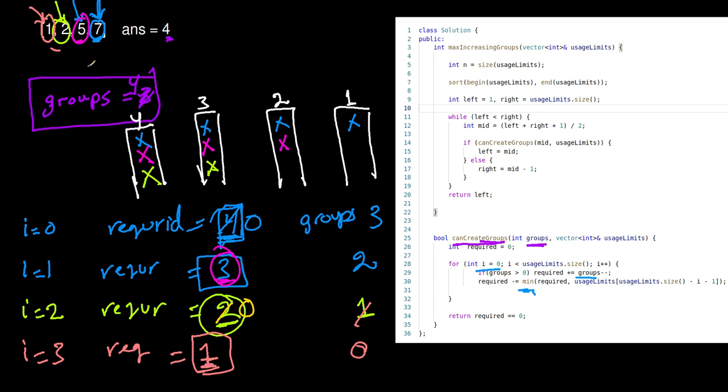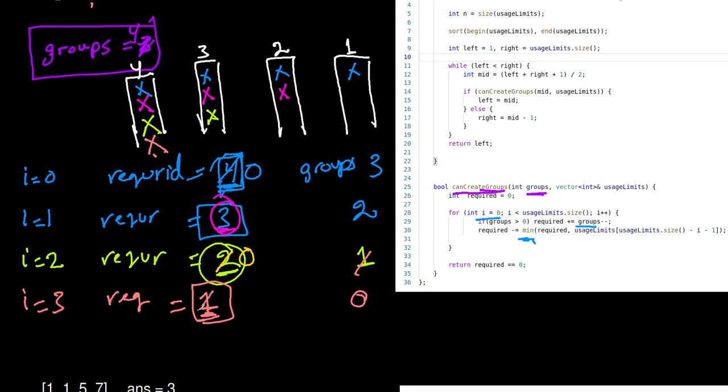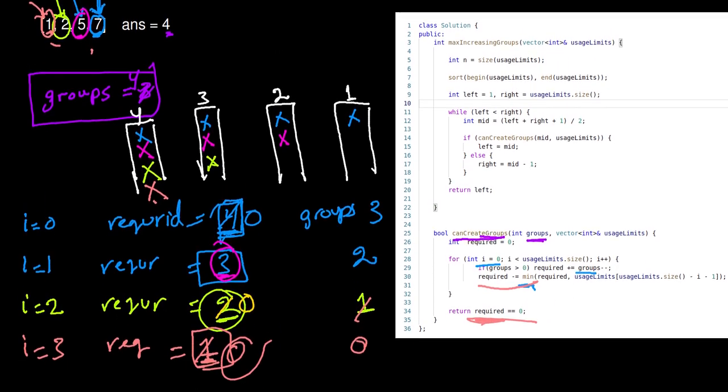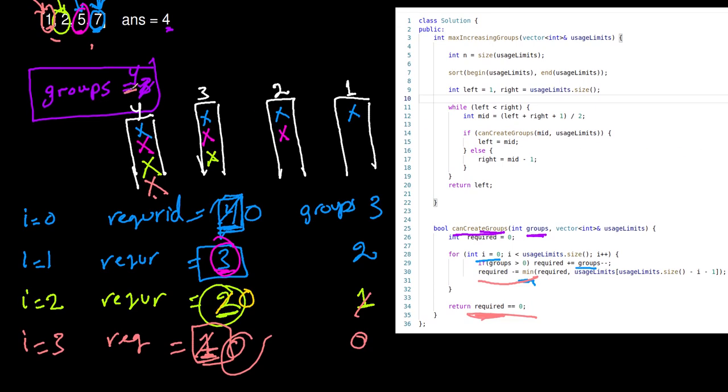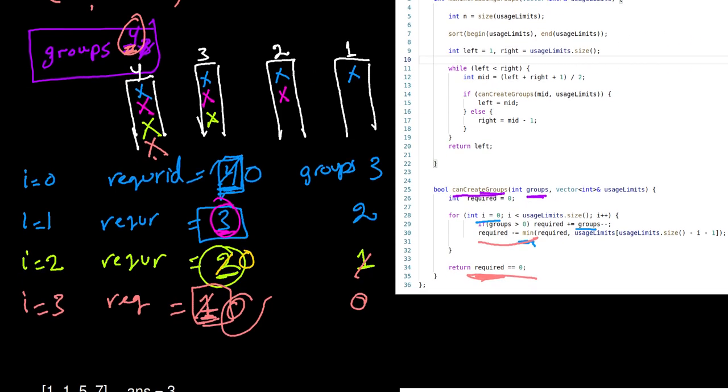The minimum between 1 and 1 is 1, so we take one element from this and we put it in the last group, and required minus equal the min. In this case it's 0, and 0 means the return value is true, and we managed to create this number of groups, and this is the maximum. So in this case the answer is 4.